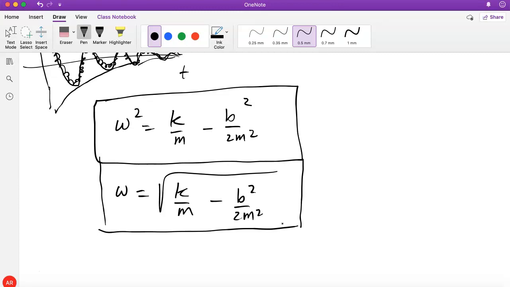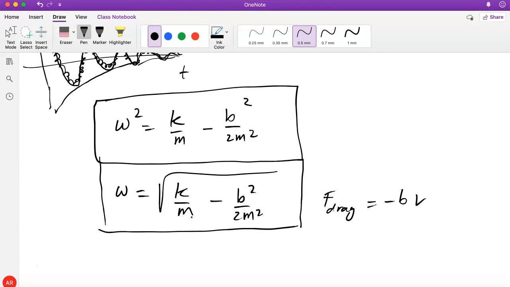So we get an envelope with exponential decay for the amplitude, and then the frequency or the angular frequency gets reduced by a certain amount that depends on the coefficient b. Again, as a reminder, the drag force was minus b times the velocity.